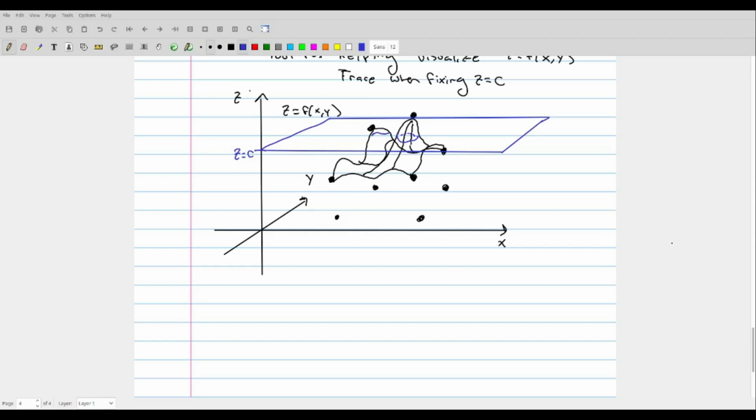This is the same thing as what's called a topographical map. So if you've ever been hiking before, the level curves of a function of two variables are the exact same thing as a topographical map.